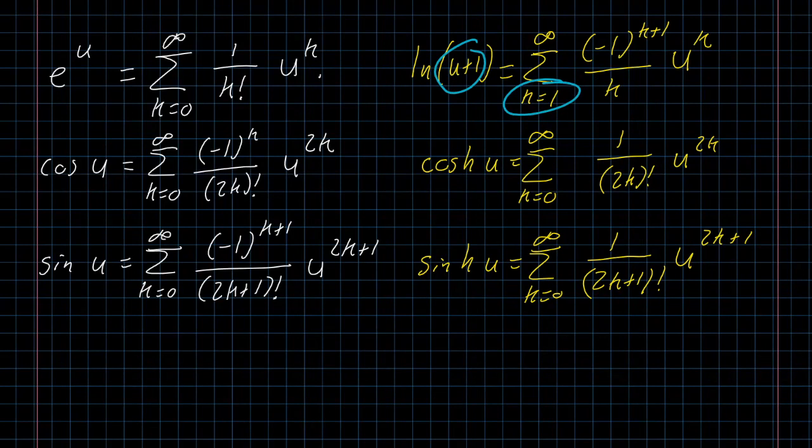I've also listed the power series for the hyperbolic cosine and the hyperbolic sine, which are almost identical to the power series for cosine and sine, except that the oscillating term, the -1 raised to a power, does not appear.